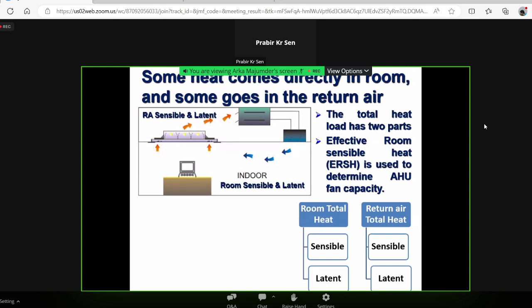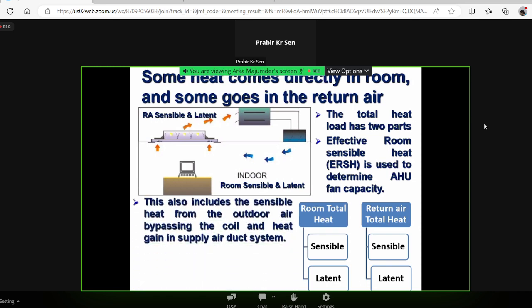So effective room sensible heat, there is a twist at the end. It will be coming in the next line, next paragraph, when Marco shows it. What is effective room sensible heat? Effective room sensible heat is not just the sensible heat being added in the room. This also includes sensible heat from the outdoor air, which bypasses the coil.